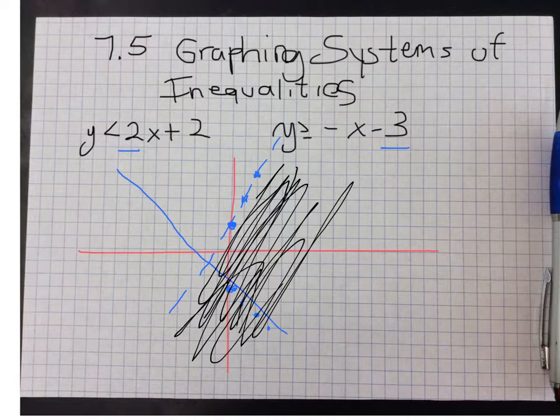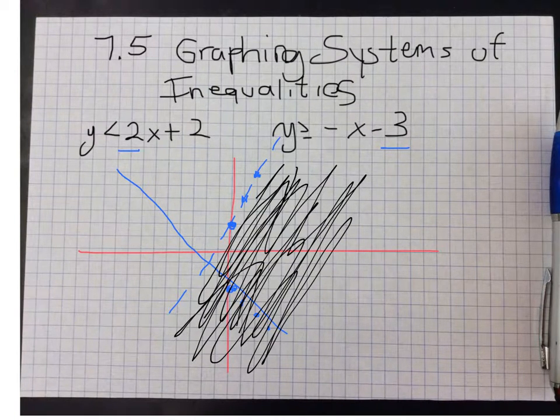And then the next one, y is greater than negative x minus 3, I would shade above this line. So I would shade everything this way.